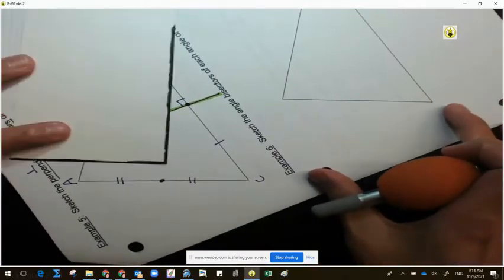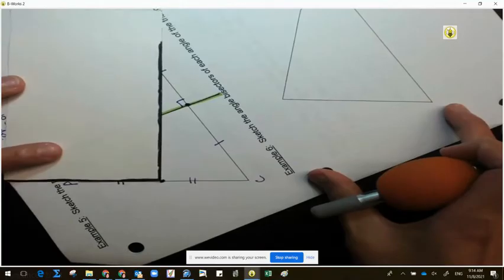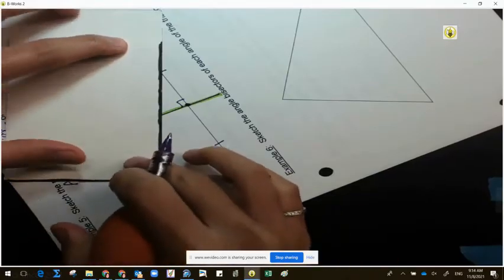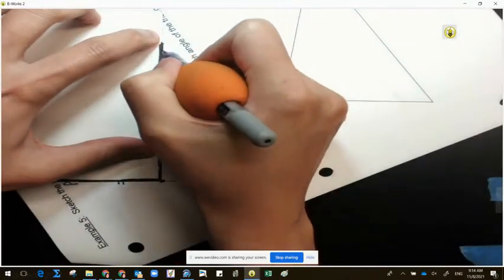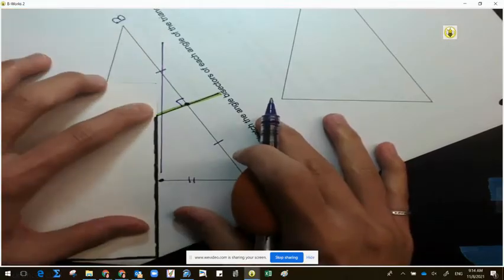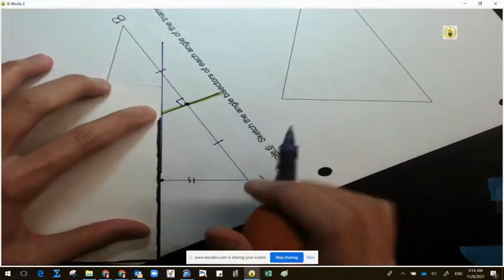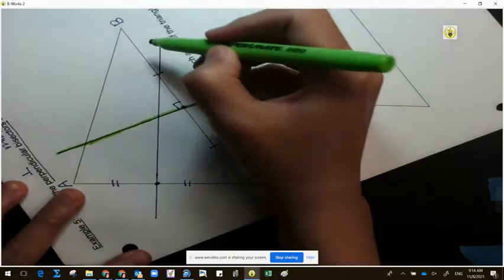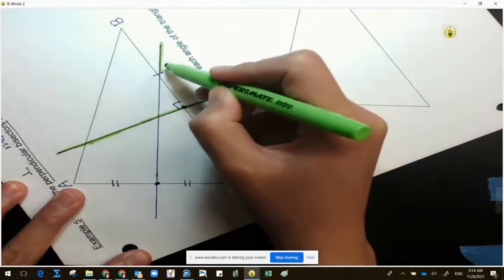So what I would do is line up my CA, stopping at the point that I've approximated. So lined up at CA, stop at the point, and let's make our line. And I'm going to extend it just for the teaching purpose. And when you're done with that, highlight that perpendicular bisector.